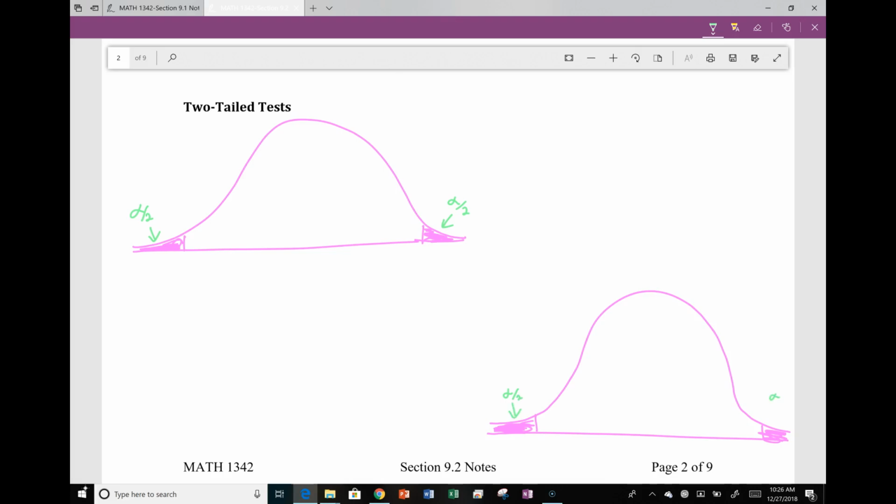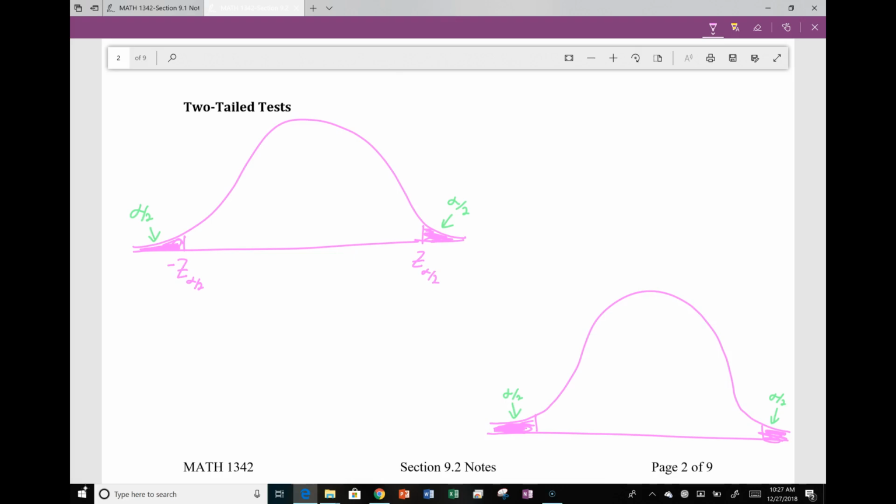So our significance level, we're going to divide it by 2 and place in here. Which means whenever we're talking about our critical values, over here it's going to be negative. It's going to be z for the alpha divided by 2. And here it's going to be a positive z for the alpha divided by 2. Now these two values are going to be the exact same absolute value number. They're just going to have opposite signs.